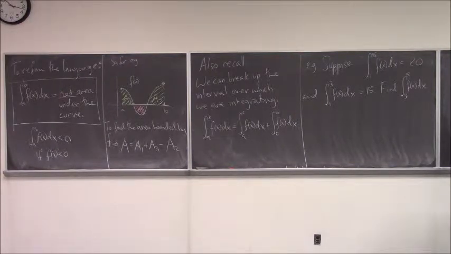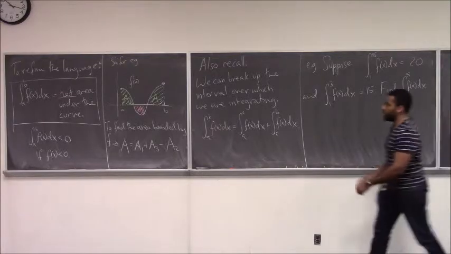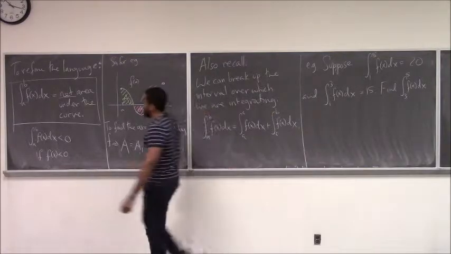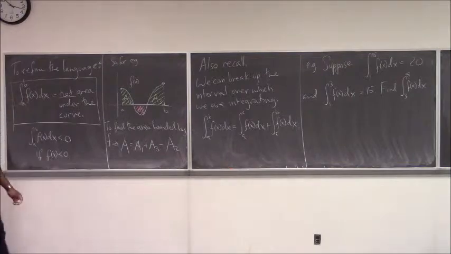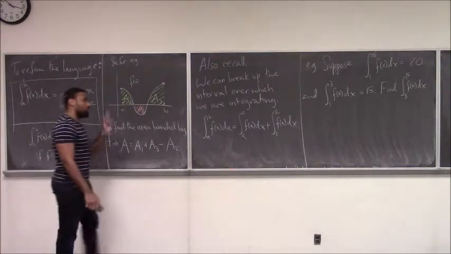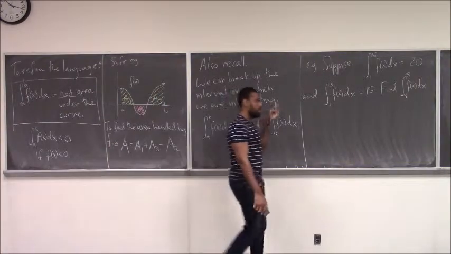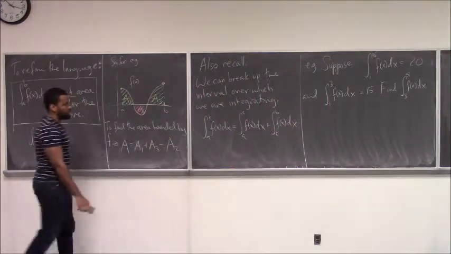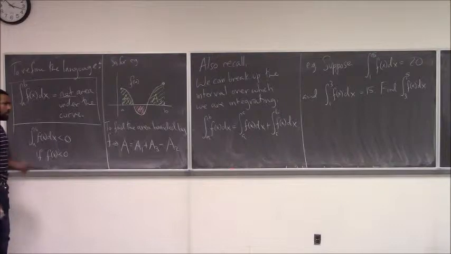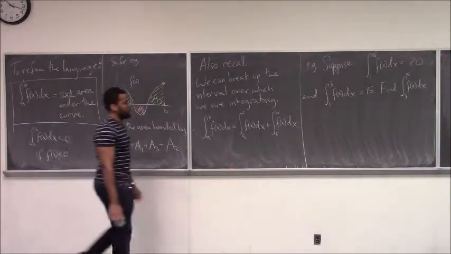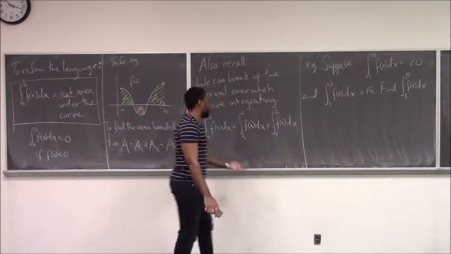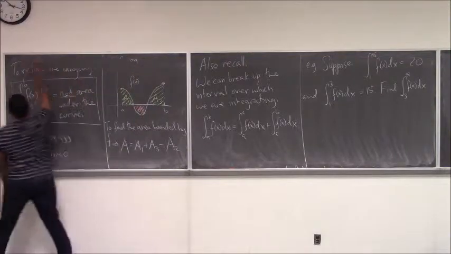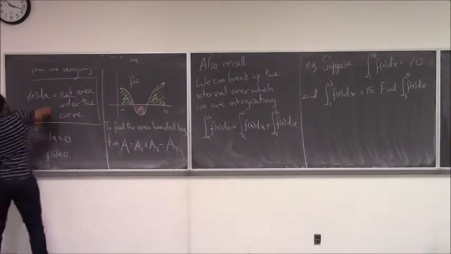So sometimes you know about the area in certain locations, and you want to figure out the area in other locations. You might want to do that for various reasons, which in tomorrow's class I'll go a little bit into. Applications of integration. We'll cover a lot more in Calc 2, but I'll just throw some out there. Why finding an area can be more important than just finding the area.